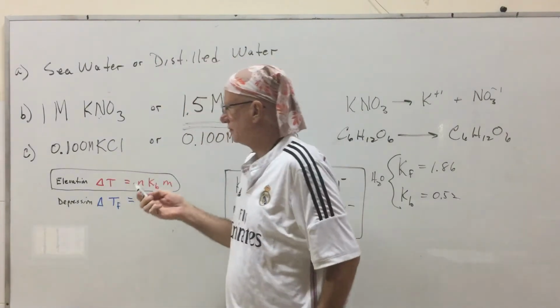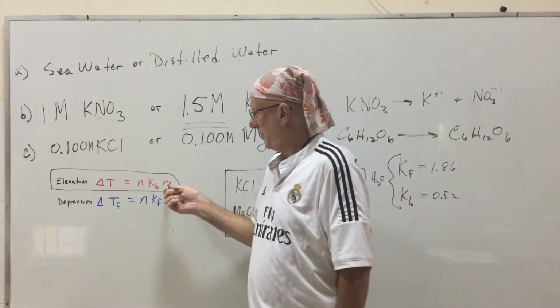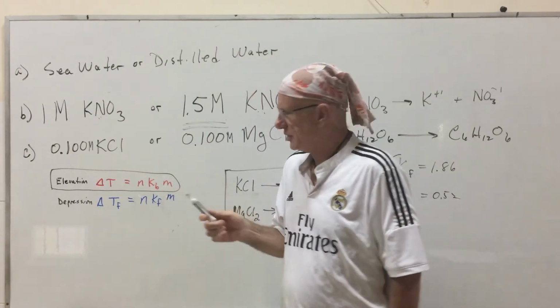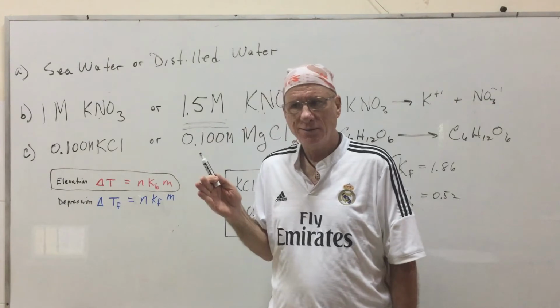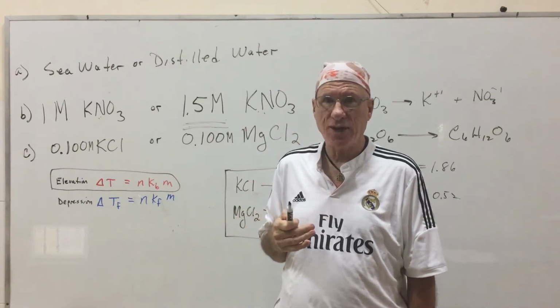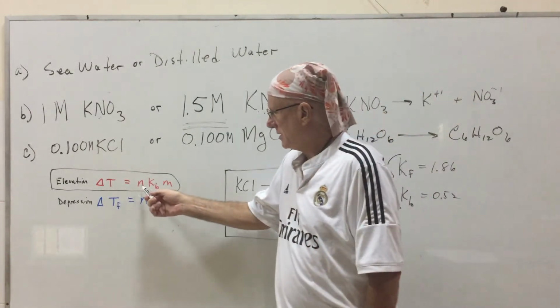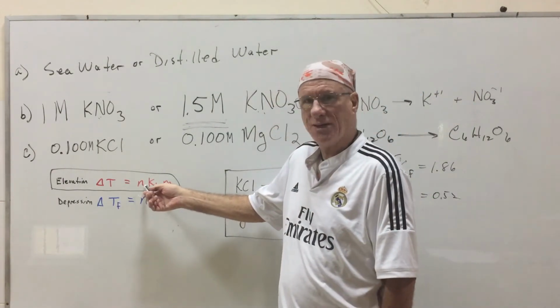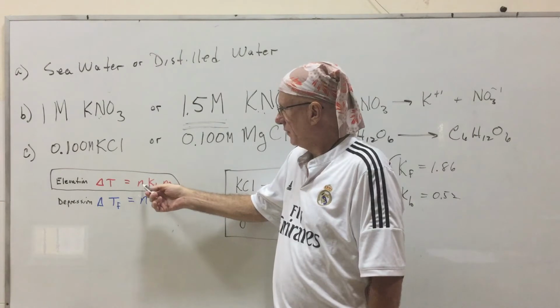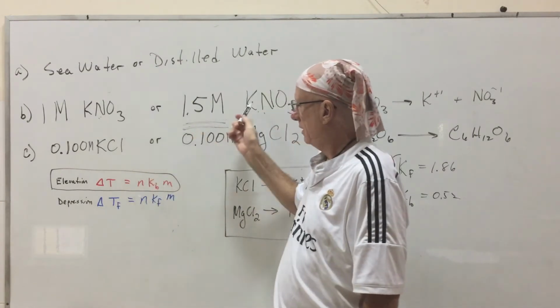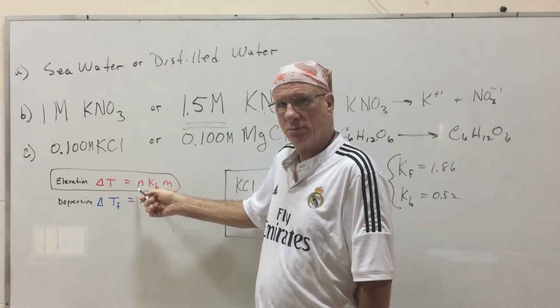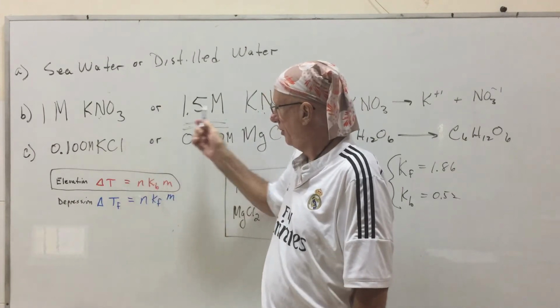For instance, if I'm comparing two different salts with the same molality, they could have the same boiling point elevation or freezing point depression. This is what's significant. So for this one here, N is 2 for both.